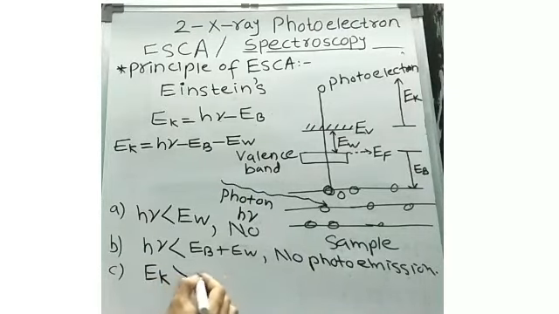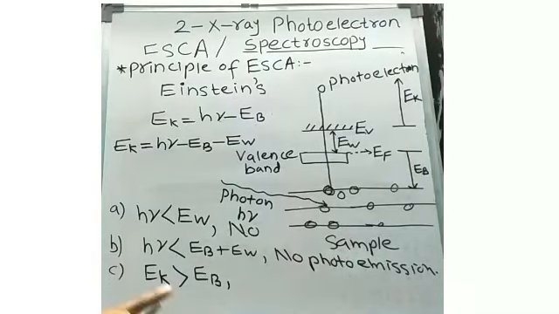And in the last condition, if h nu is greater than Eb plus EW, then the kinetic energy of the electron is greater than zero, and photoemission occurs.